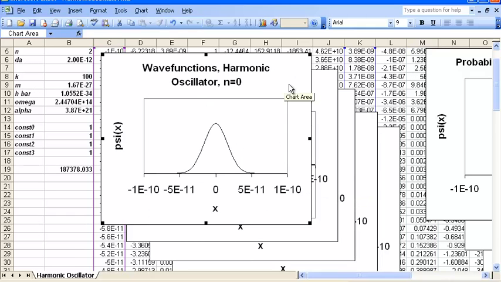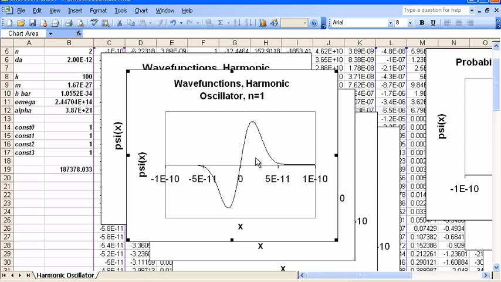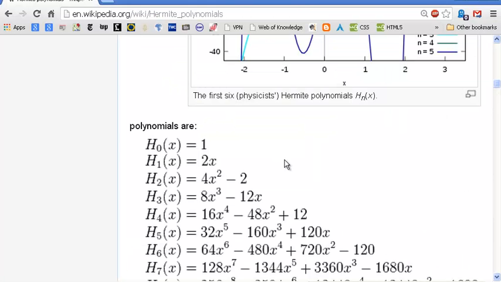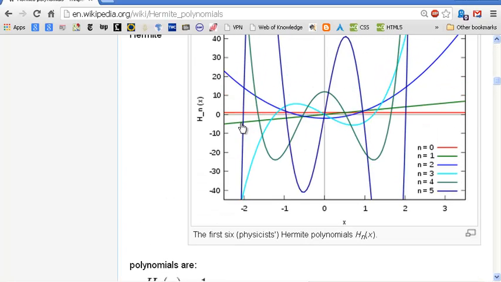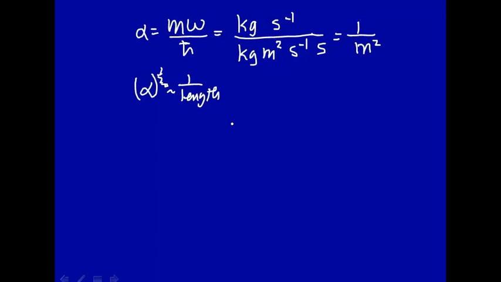It's interesting. If we look at the n equal 1, let's go back to the Wikipedia article and look at the graph for the n equal 1. The n equal 1 is this green line here. Note that if you extrapolate this all the way out to infinity, you'll get the Hermite polynomial being equal to infinity, and that's not a good behavior for a wave function. You want it to die off toward infinity. Well, luckily, it's not just the Hermite polynomial that contributes to the wave function.